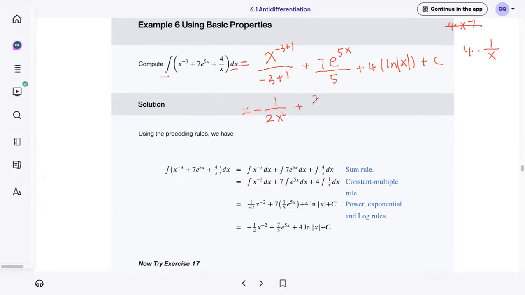Now plus this one, 7 over 5 e to the 5x. Then plus 4 ln absolute value of x, then plus a constant term. Okay, so we do it one by one.